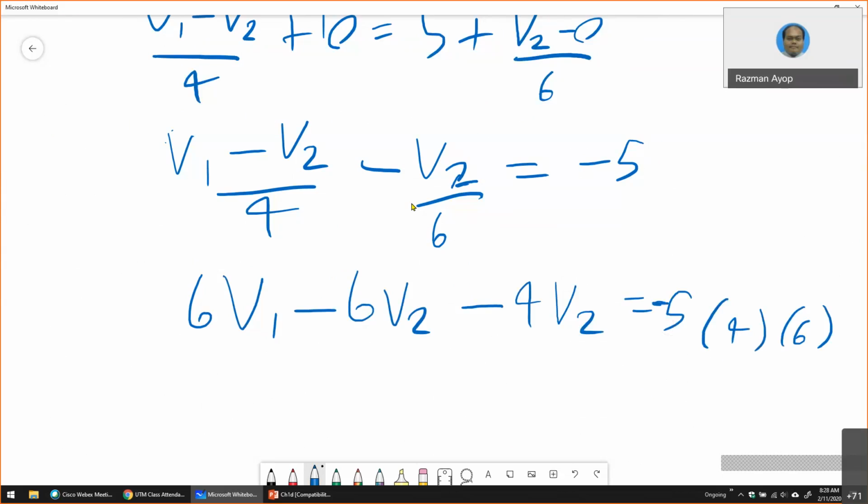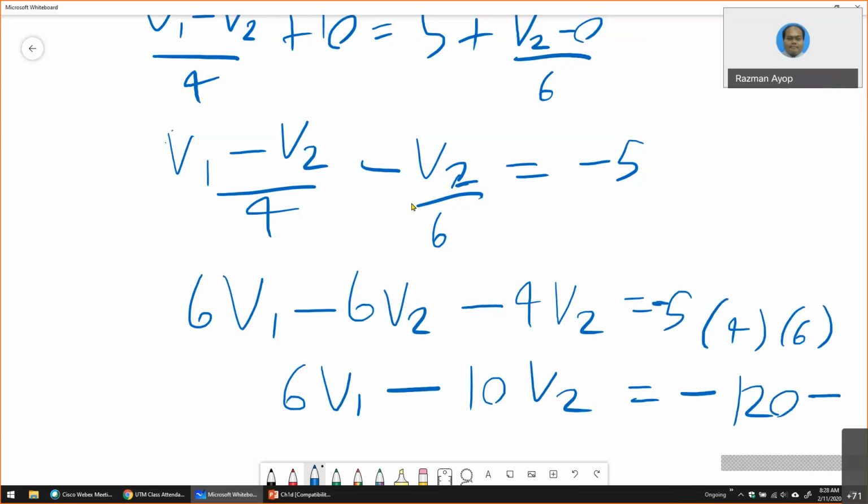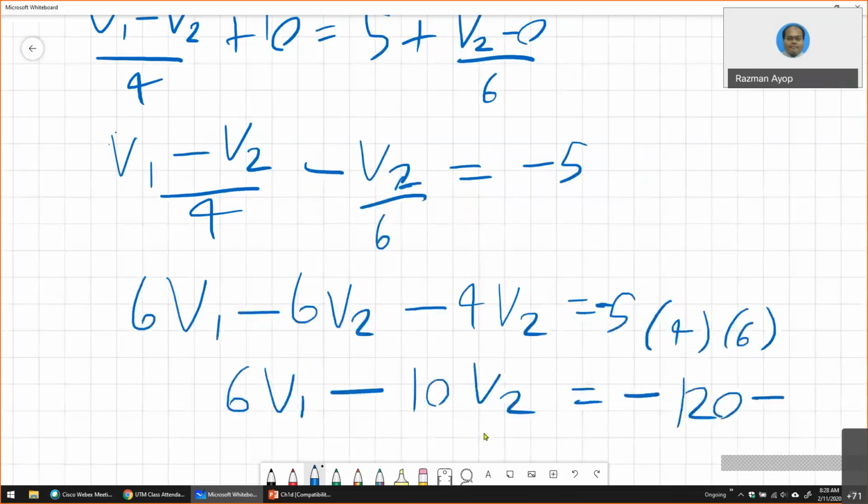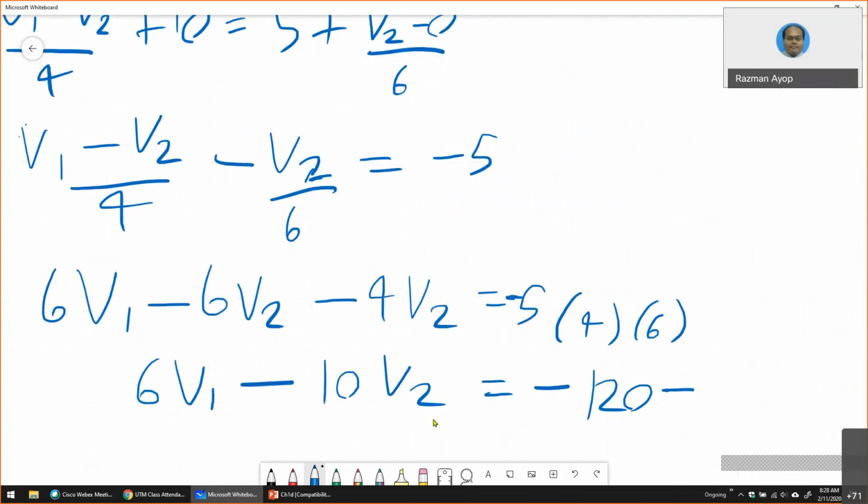So this one, 6V1 minus 10V2 equals to negative 120. So this is your second simultaneous equation expression.